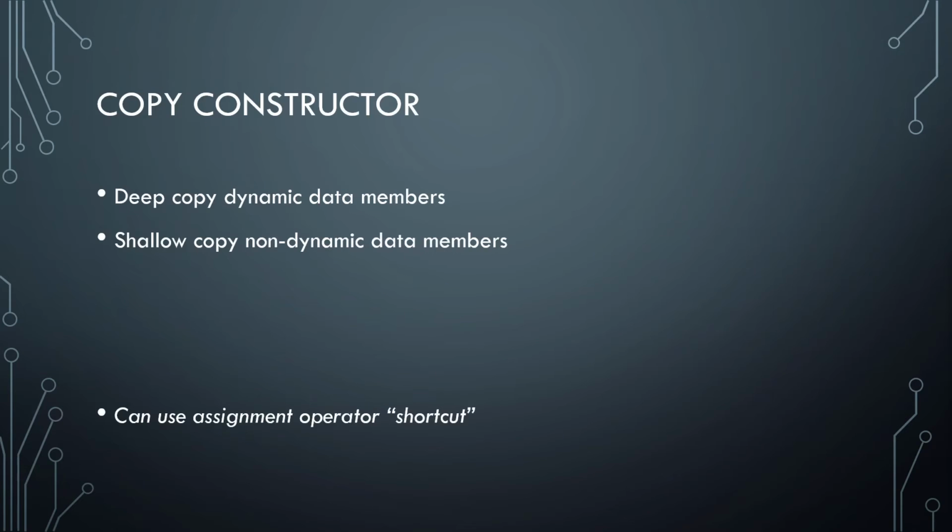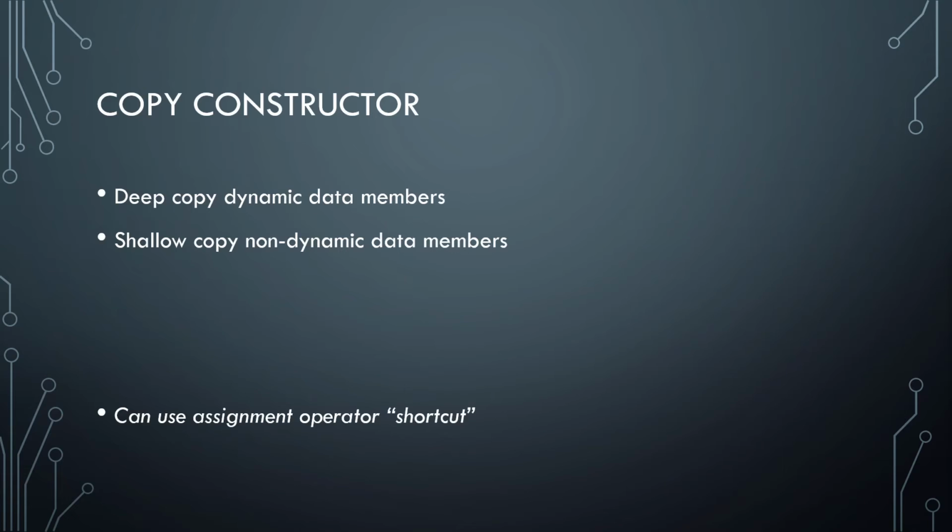Since this class has dynamic memory, we're going to have to implement the rule of 3, which we've already seen the destructor. The next one up would be the copy constructor. What that needs to do is, of course, do a deep copy of all of the dynamic data members and a shallow copy of any of the non-dynamic data members. So anything that's a pointer needs to be deep copied.